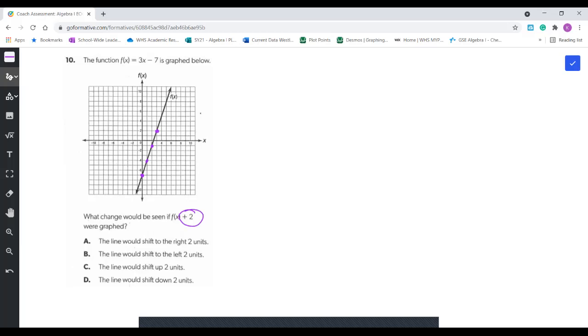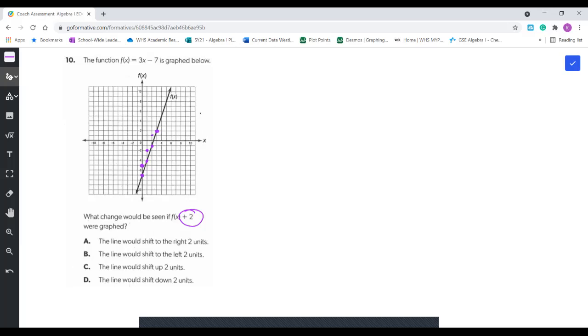You all should know that there will be a shift upward of 2 units. So you would take this function and add 2 to it, so it would shift the function up. Instead of crossing at -7, it would cross at -5. But the slope would be the exact same, up 3 over 1.